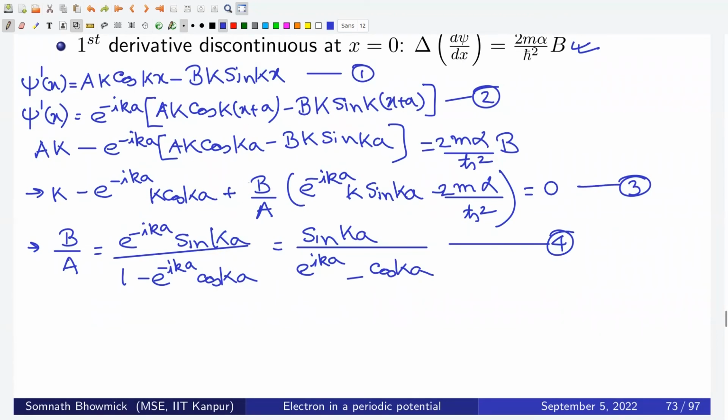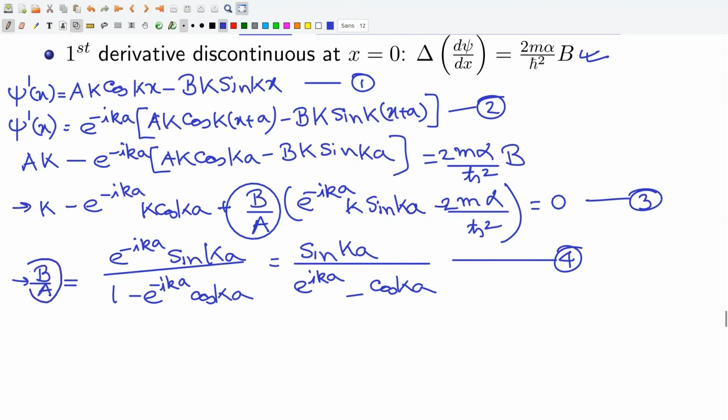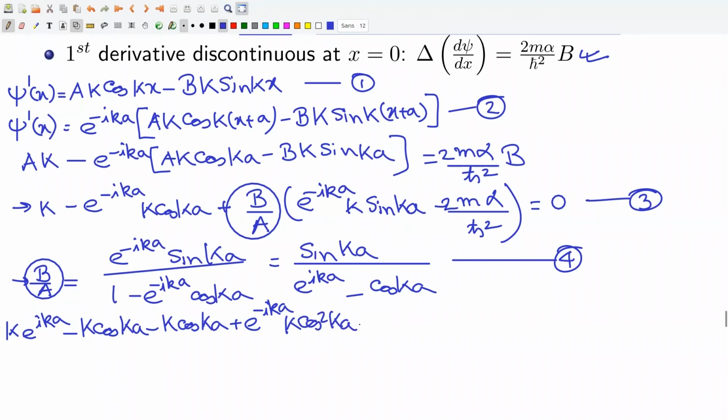Now substituting the value of b by a in equation 3, from equation 4 we can write k e power i k a minus k cos K minus k cos K plus e power minus i k a k cos square K plus e power minus i k a k sine square K minus 2m alpha by h cross square sine K a equals 0.